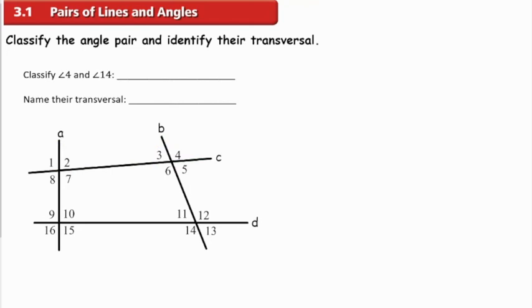Here's our last practice problem. Pause the video, answer it, and then unpause when you're ready to check your work. We begin by marking the two angles, angle 4 and angle 14. Find the intersection next to each angle.